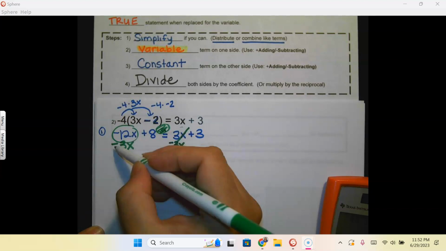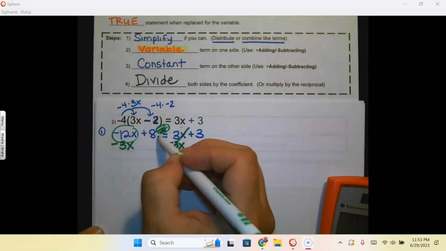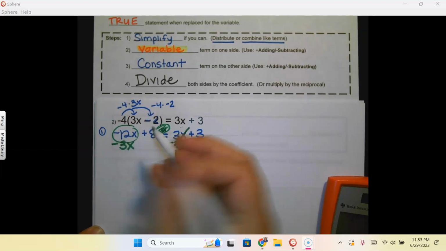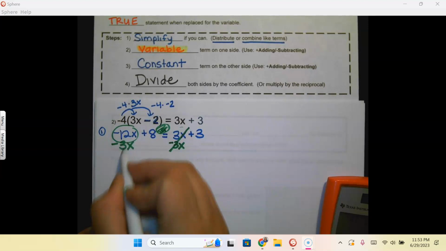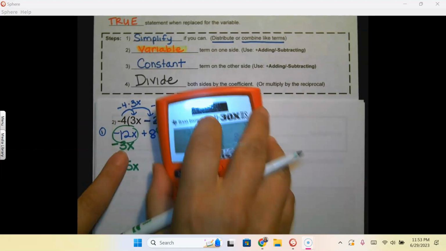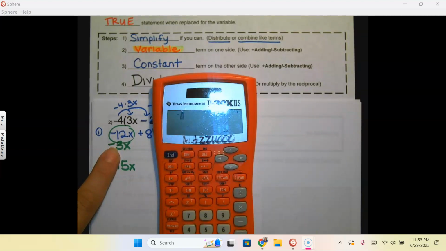You're going to write the -3x underneath the -12x, or you can write it on the side, either in the front or in the back, and then combine your like terms. So -12x minus 3x is -15x. If you need to check that with your calculator, you're doing -12 minus 3, which is -15, or you're entering it in as -12 plus a -3.